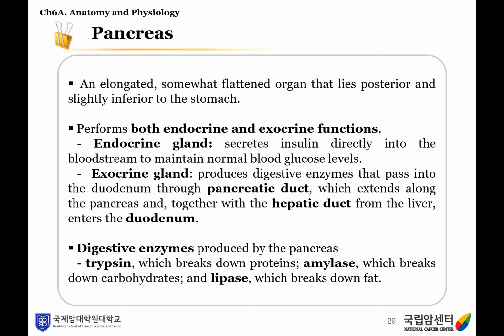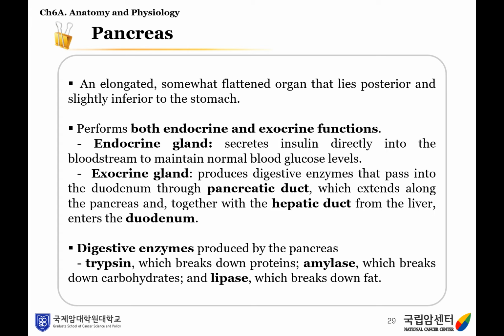Now the next one is the pancreas. This is an elongated, somewhat flattened organ that lies posterior and slightly inferior to the stomach. The pancreas performs both endocrine and exocrine functions. First, the endocrine gland secretes insulin directly into the bloodstream to maintain normal blood glucose levels.